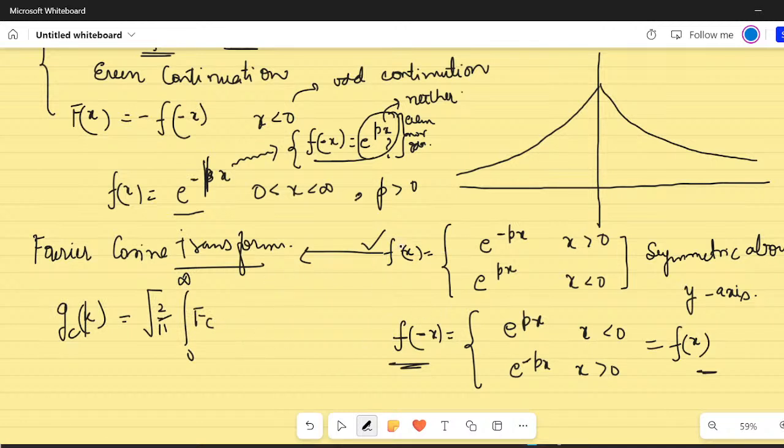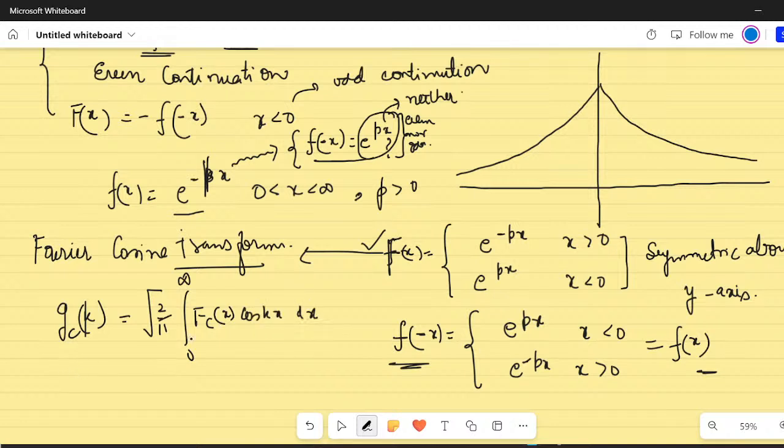Let's write it by some other name, let's say capital F here, so that at least there is some difference. So F_c(x) into cos kx, and then dx.